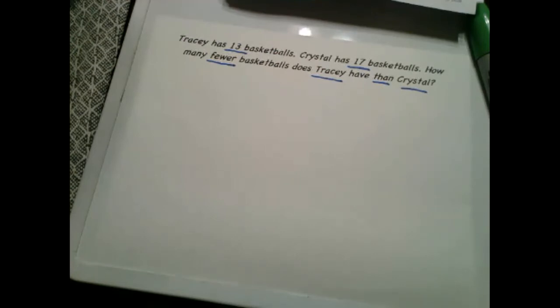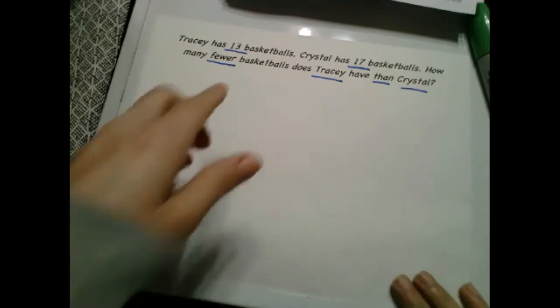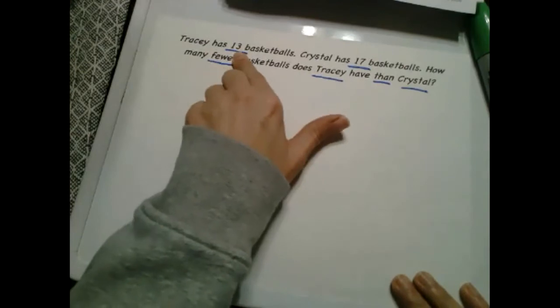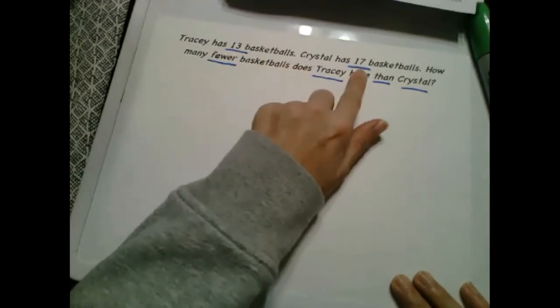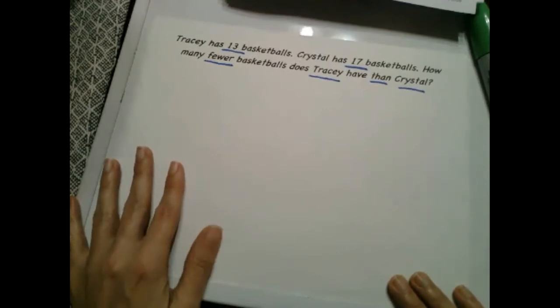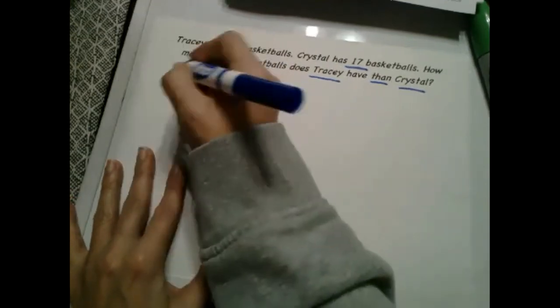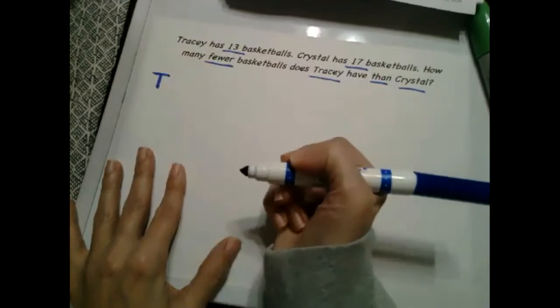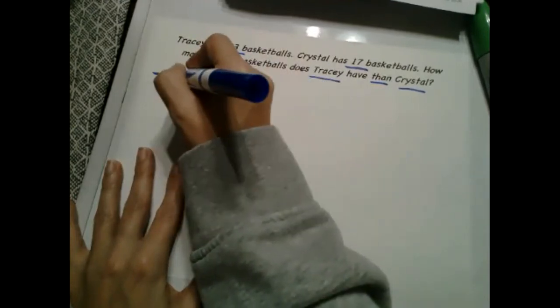Great job, mathematicians. What equations did you come up with? That's right. I can think about Tracy having 13 and Crystal having 17, and I can compare them. So I'm going to use my comparing strategy. I know that Tracy has 13.